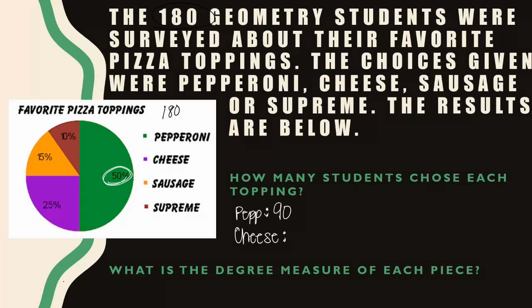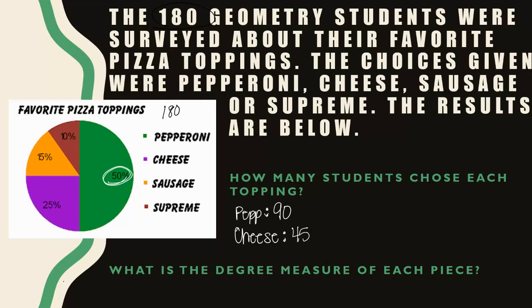I can set up a proportion for that. Multiply 180 times 25, divide that by 100, and I get 45 students. I could also just know that 25% is a fourth. So if I divide 180 by 4, I get 45 as well.